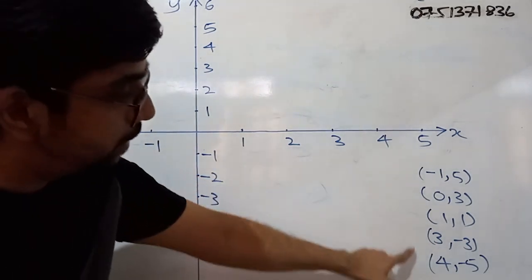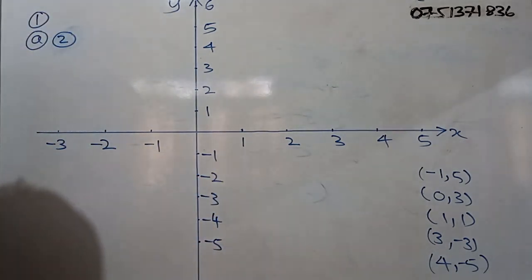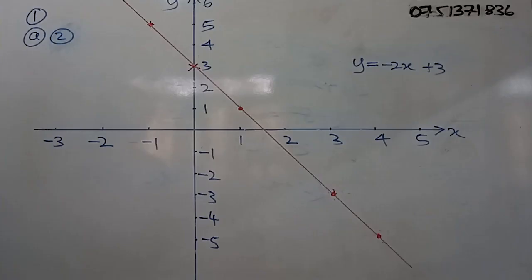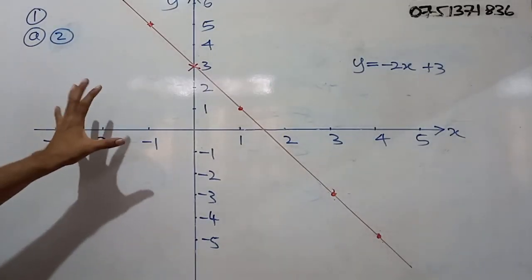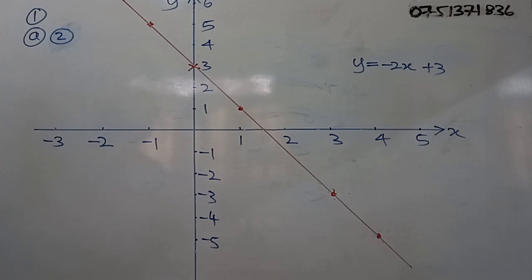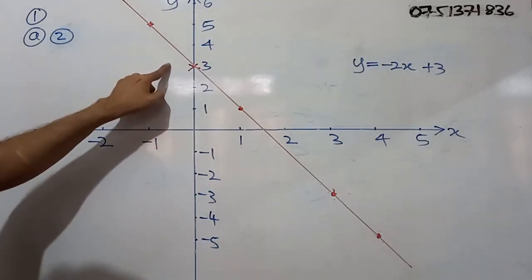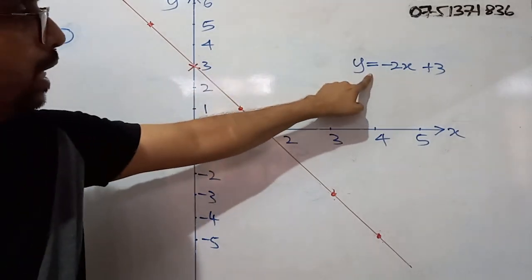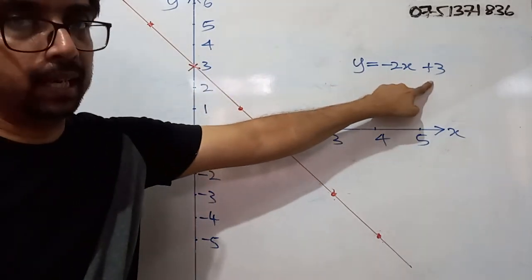So as you can see, these are the coordinates that we need to plot. Right. So when we are done plotting, this is the line that we get. Okay. So as you can see, the equation of the line is y equals negative 2x plus 3.